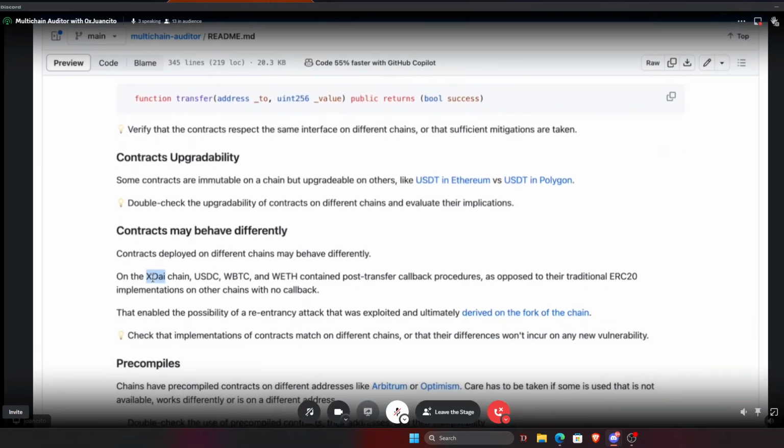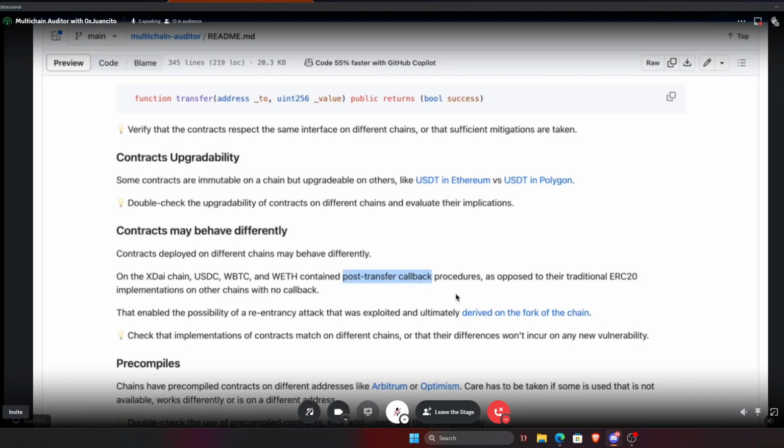So for example, on the XDAI chain, the previous Gnosis chain, the tokens for USDC, wrapped Bitcoin, wrapped Ether, and many others contain a post-transfer callback.